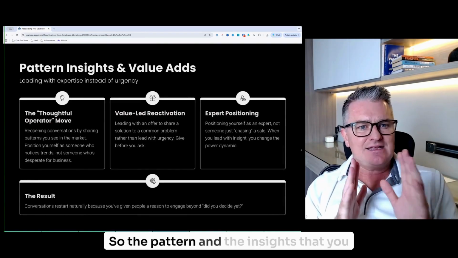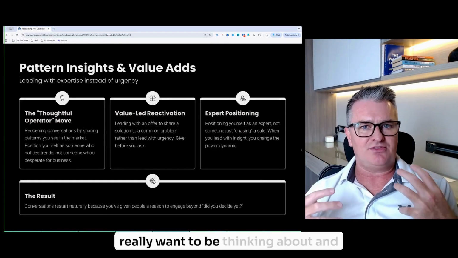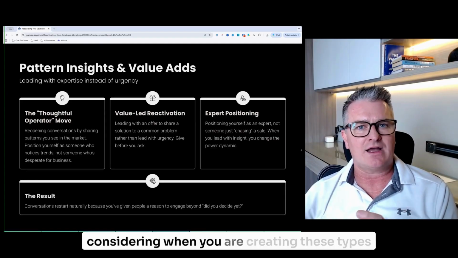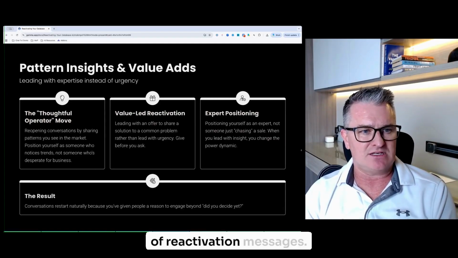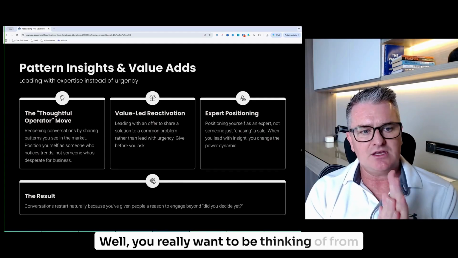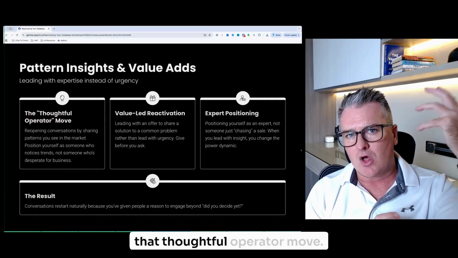So the patterns and insights you want to be considering when creating these types of reactivation messages, you want to think of from that thoughtful operator move.